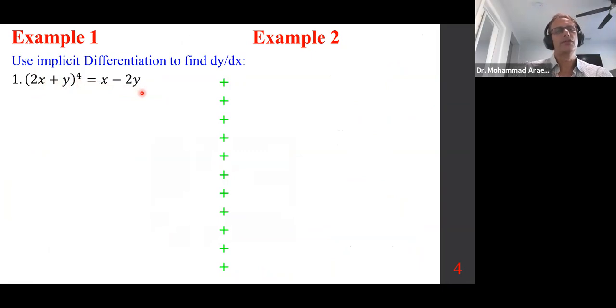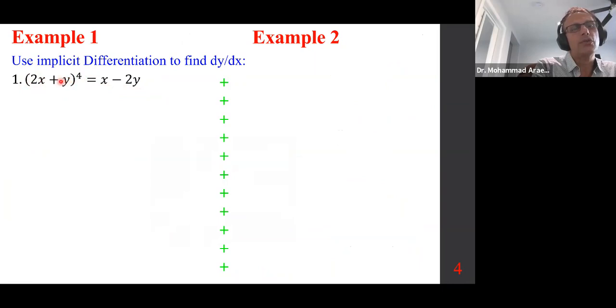We want to get the first step. Number 4, the exponent sits in front, becomes the coefficient. We write the parentheses to the power of 4 becomes 4 minus 1, so power of 3.